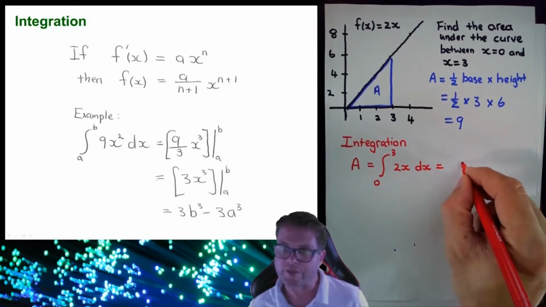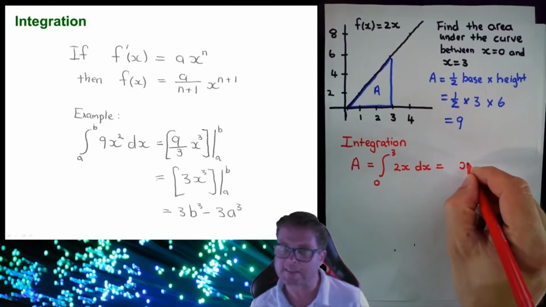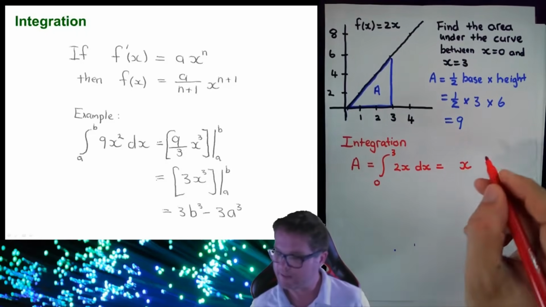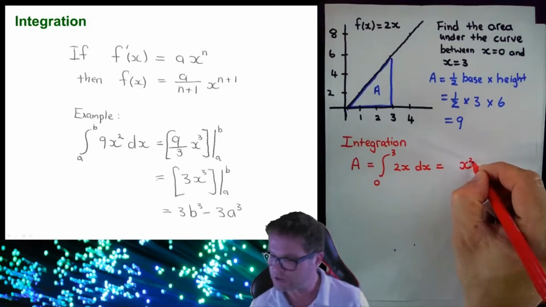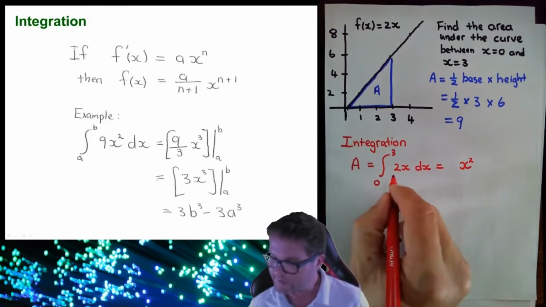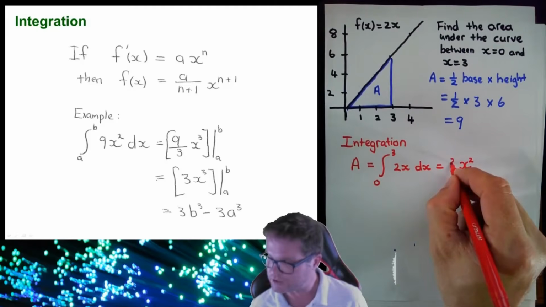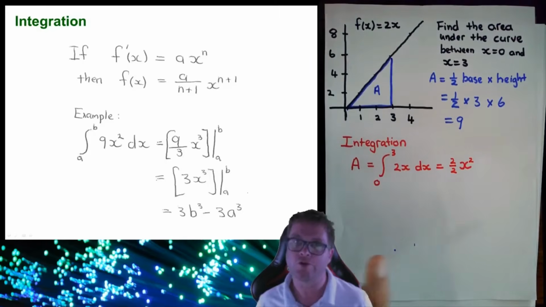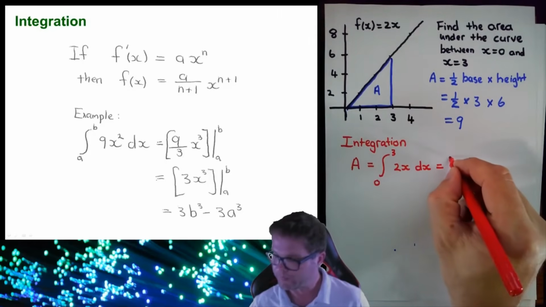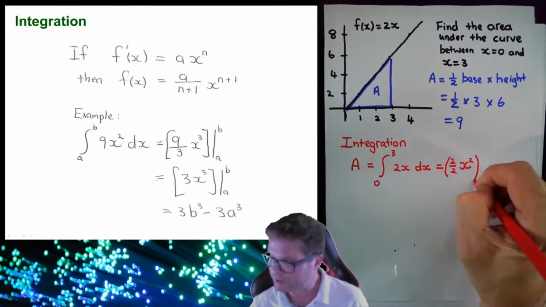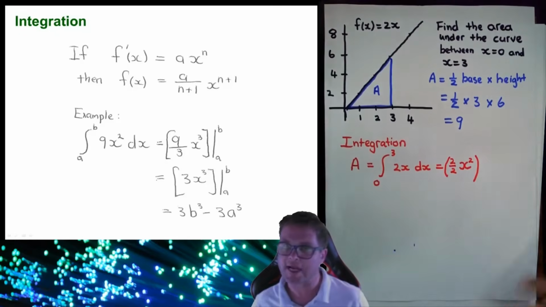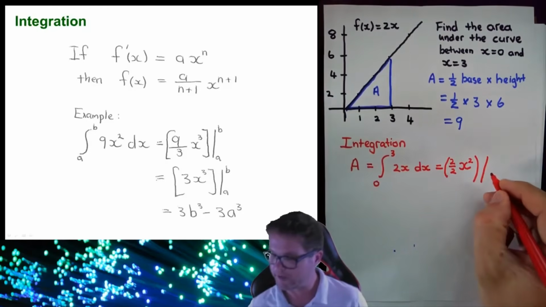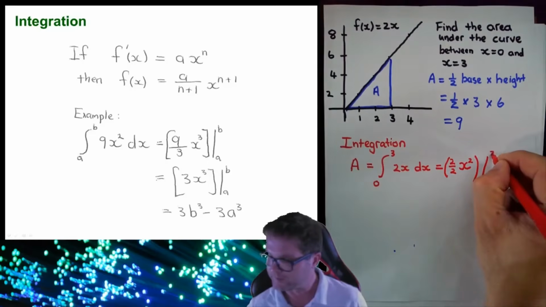So the rule is we take the x, and at the moment it's x to the power of 1, so we need to increase the power by 1, so we make that a 2, and then we take this old coefficient and we divide it by the new power, so divide by 2. And the notation that we use is we rewrite this integral sign, and we say that this is over the domain from 0 to 3.